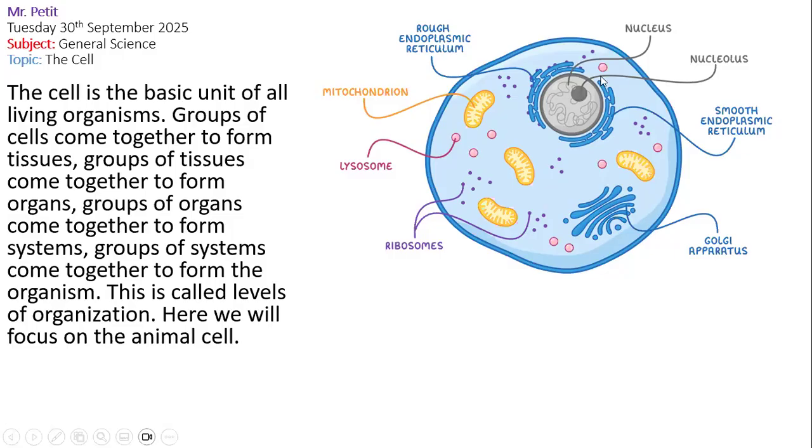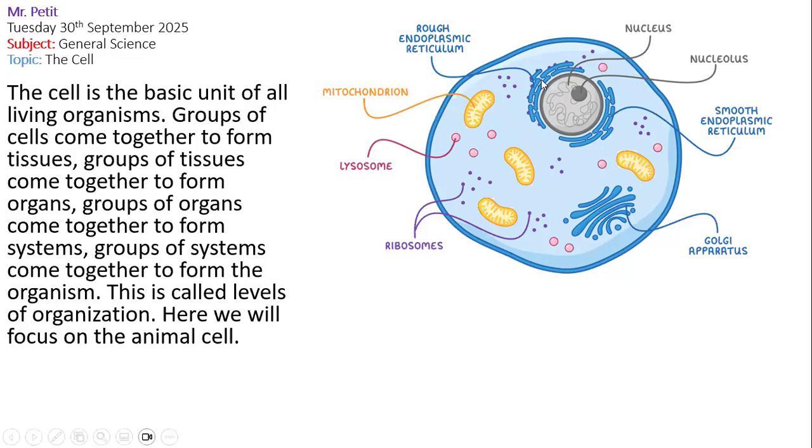Then we have the nucleolus, which is also inside of the nucleoplasm, which is inside the nucleus. The job of the nucleolus is to make ribosomes. But the nucleus itself is like the brain of the cell. It tells the cell what to do, controls all the activities.